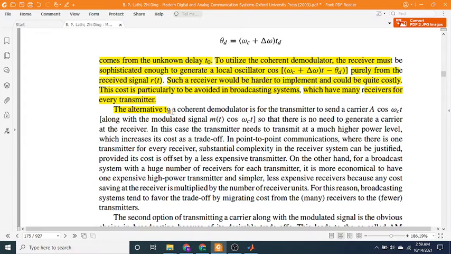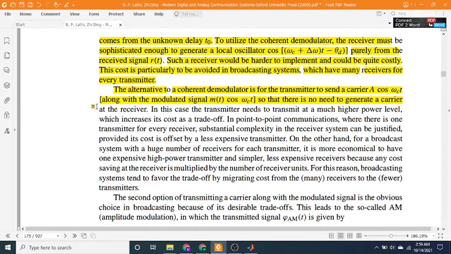The alternative to a coherent demodulator is for the transmitter to send a carrier A cos ωct along with the modulated signal m(t) cos ωct, so that there is no need to generate a carrier at the receiver. In this case, the transmitter needs to transmit at a much higher power level, which increases its cost as a trade-off.